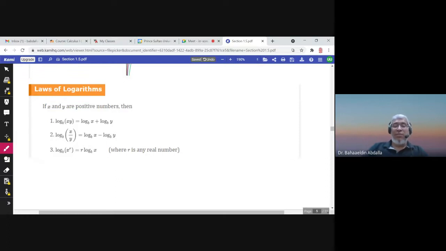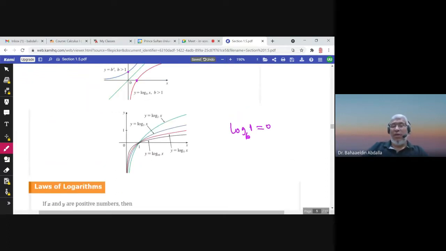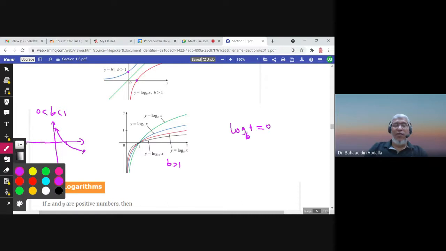These are some examples when b is greater than 1. If b is less than 1 and greater than 0, the graph of the logarithmic would be like this, and the graph of the exponential would be like this.